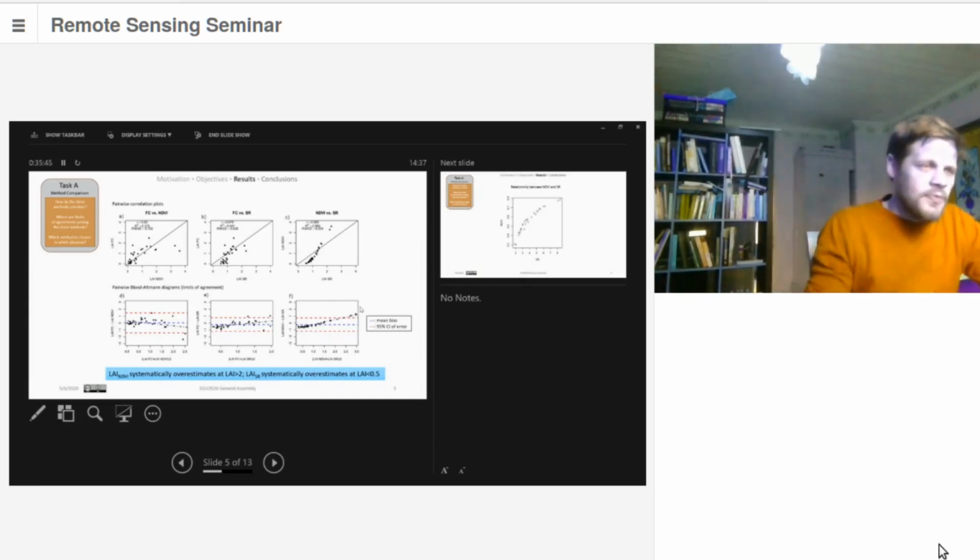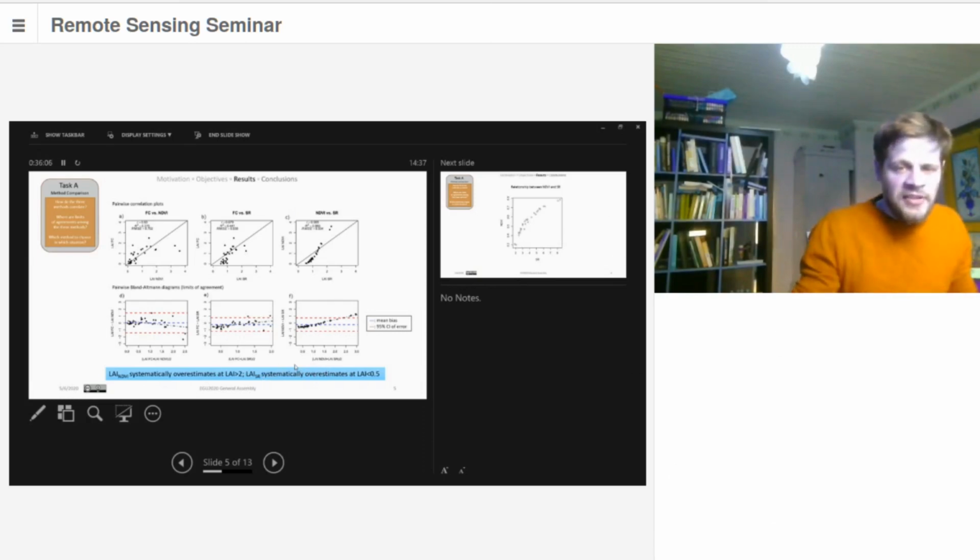Okay. Another thing which you cannot really derive from this figure, but from the next one, is that the simple ratio method systematically overestimates at very low LAI ranges. I will show you this on the next slide.